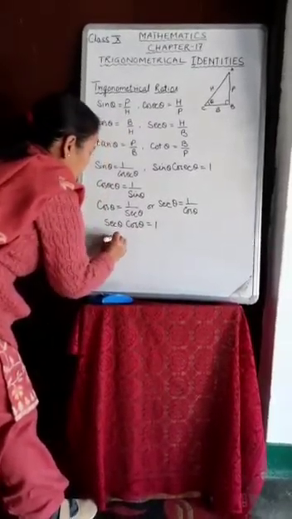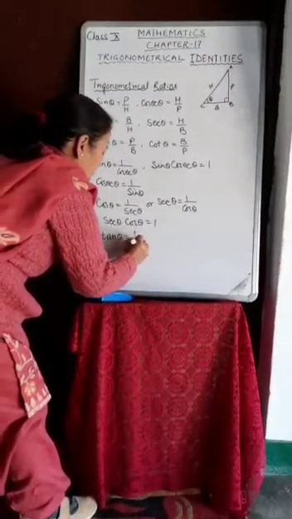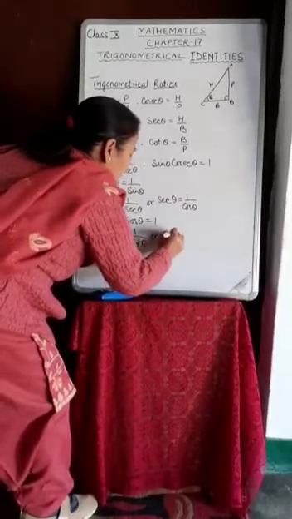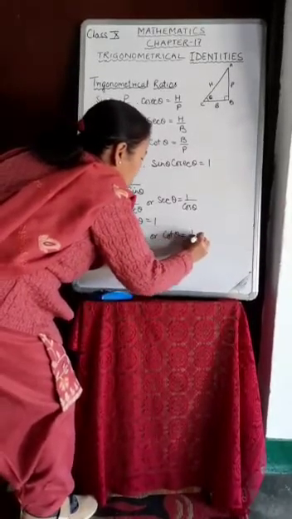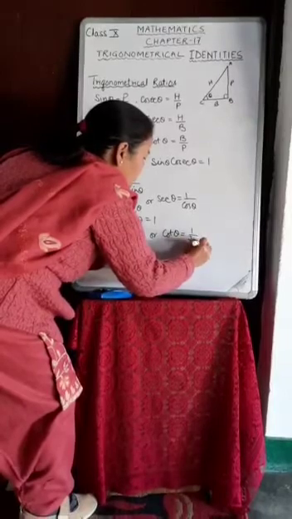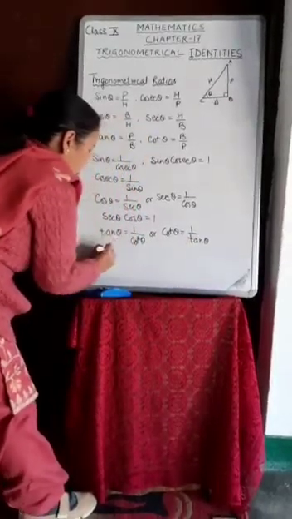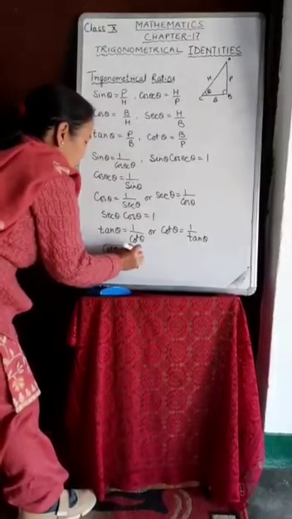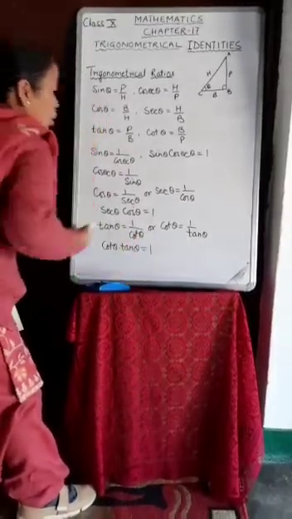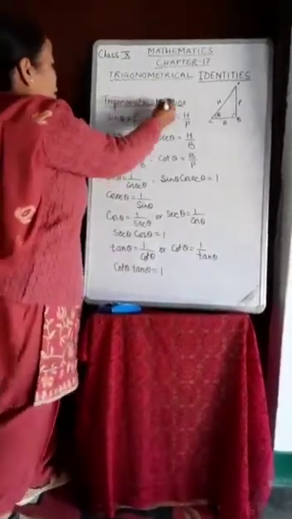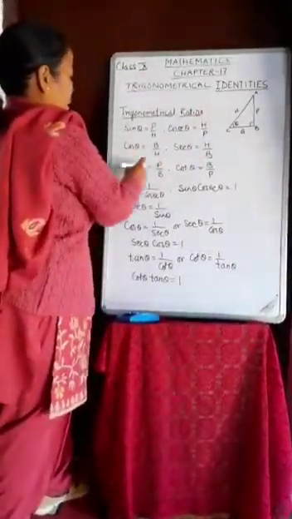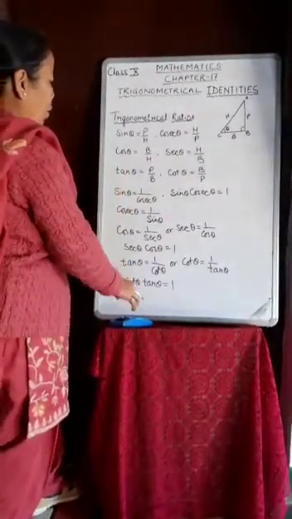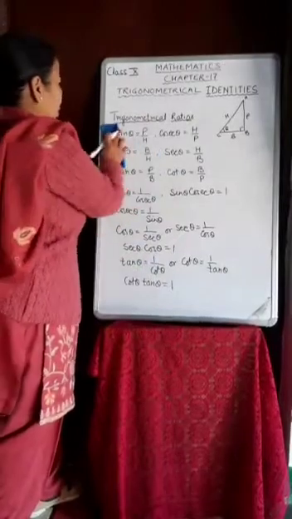Tan theta equals 1 upon cot theta, or cot theta equals 1 upon tan theta, and if we cross multiply, cot theta into tan theta equals 1. So these are the 6 trigonometrical ratios, and these are the reciprocal relations.